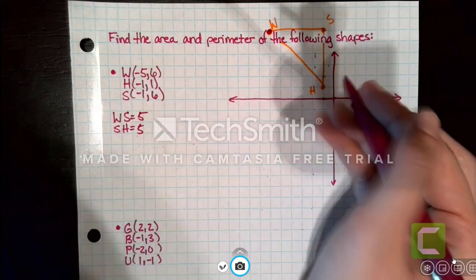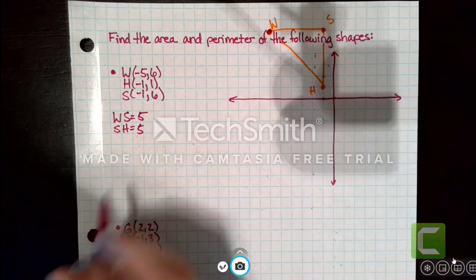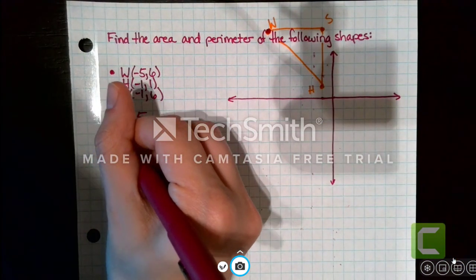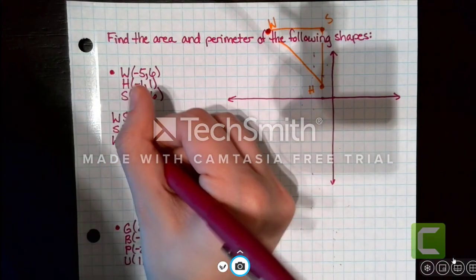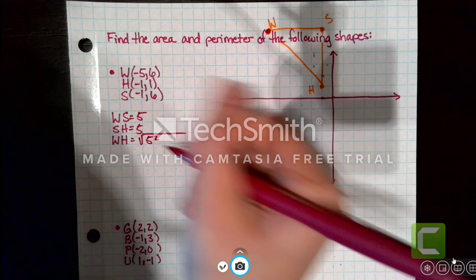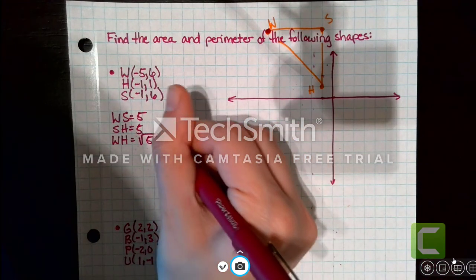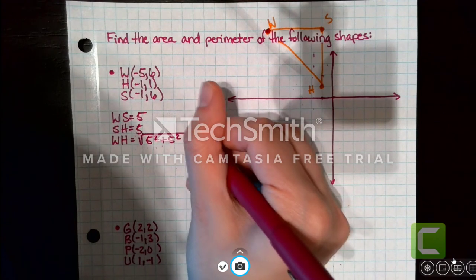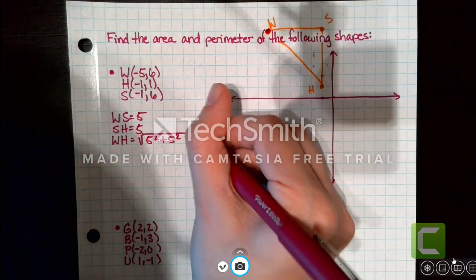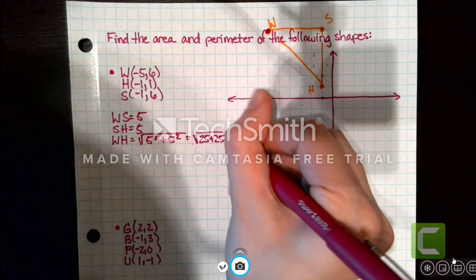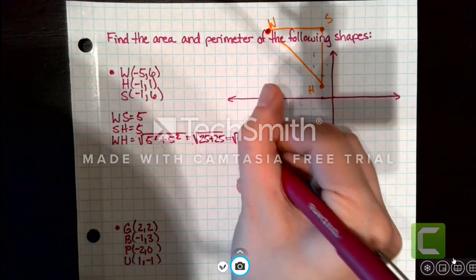But we do not know WH, which means we have to again use the Pythagorean theorem. So the measurement of WH is equal to the square root of 5 squared plus 5 squared. So it's equal to the square root of 25 plus 25. You should get the value of the square root of 50.